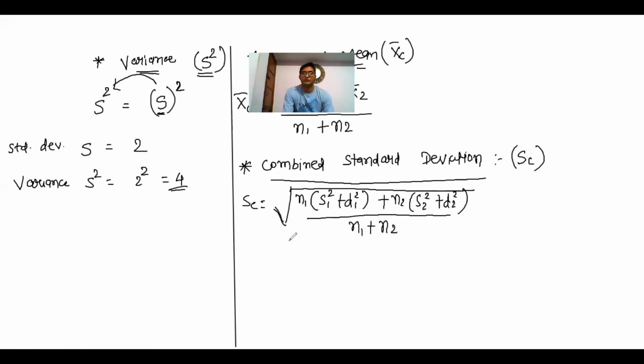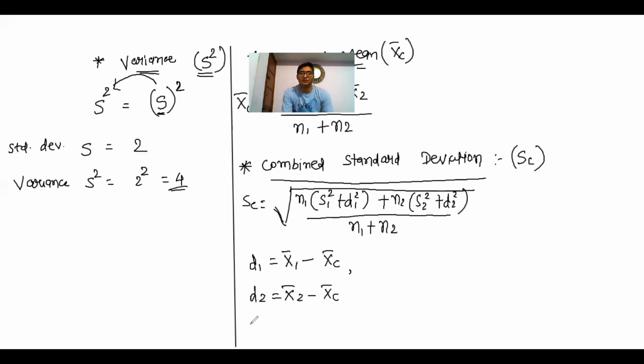Here you cannot find it in a single simple step. First of all, you have to find d1. What is the formula for d1? d1 is equal to x bar 1 minus x bar c. Then you have to find d2, x bar 2 minus x bar c.